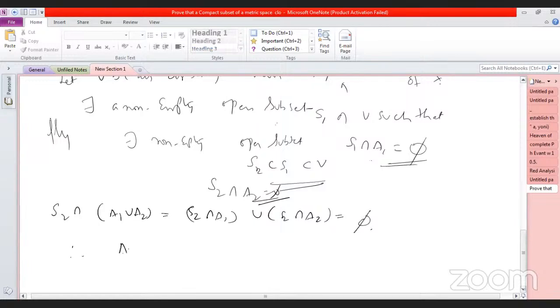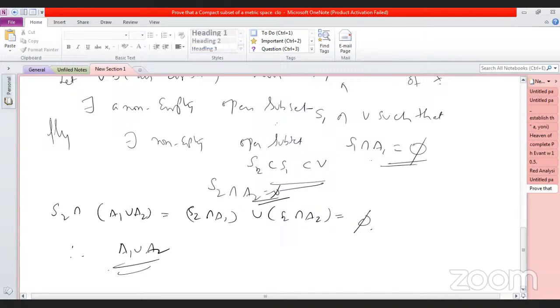So therefore A1 union A2 here is dense as per the formula. Closure of A is X, then A is dense subset of X. So is A1 union A2 dense here or not? The condition is satisfied, so by induction the union of a finite number of dense sets is a dense set, we have proved.